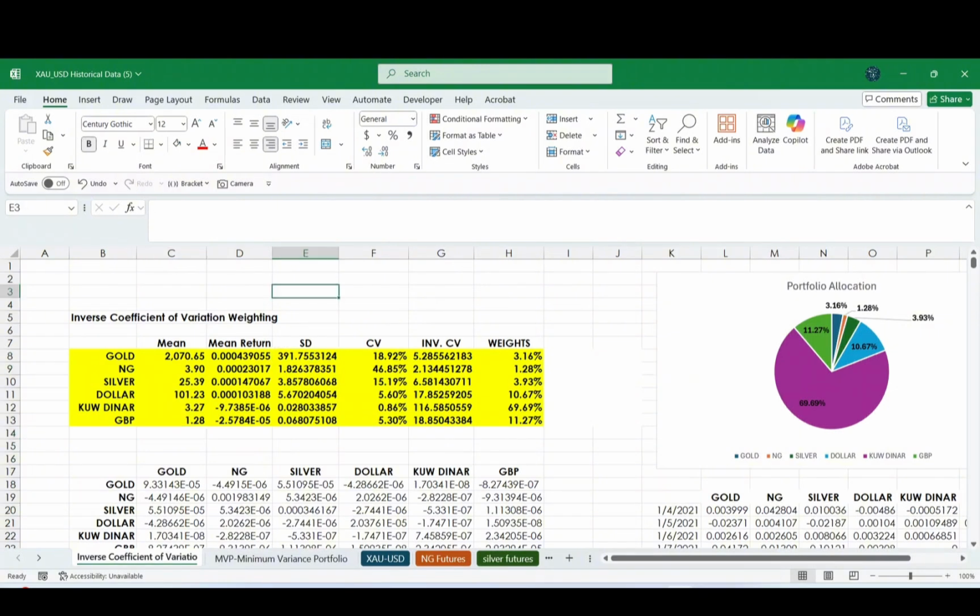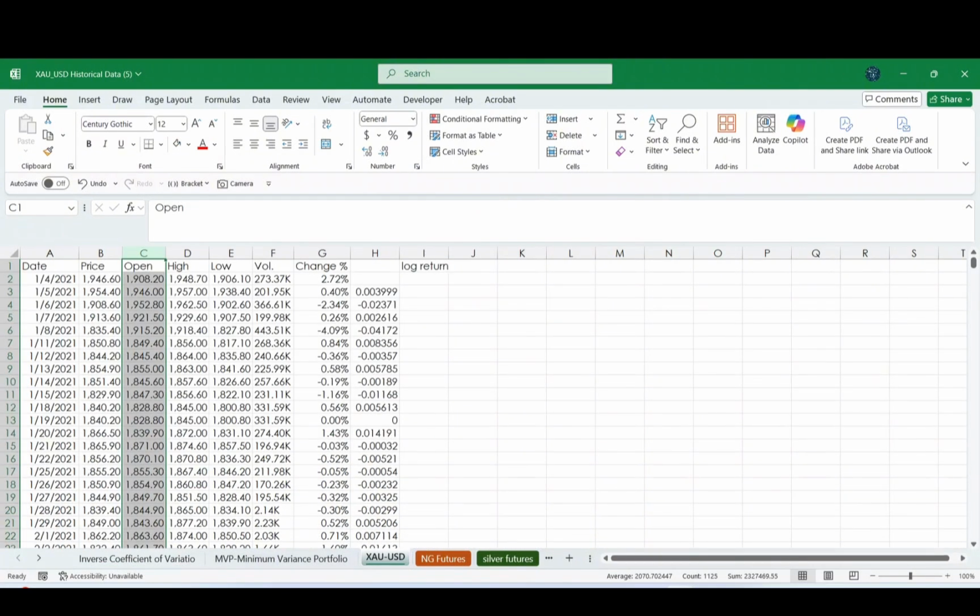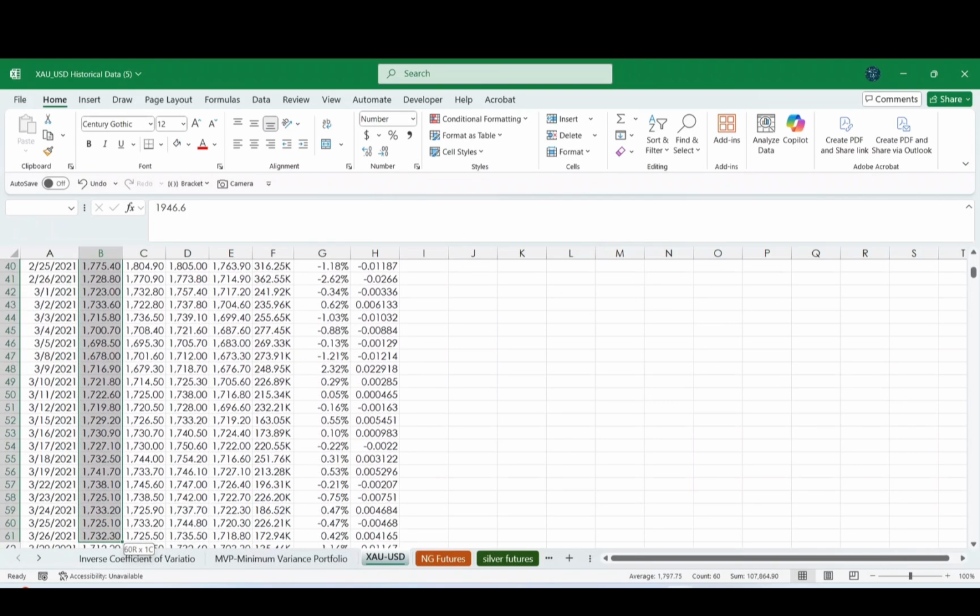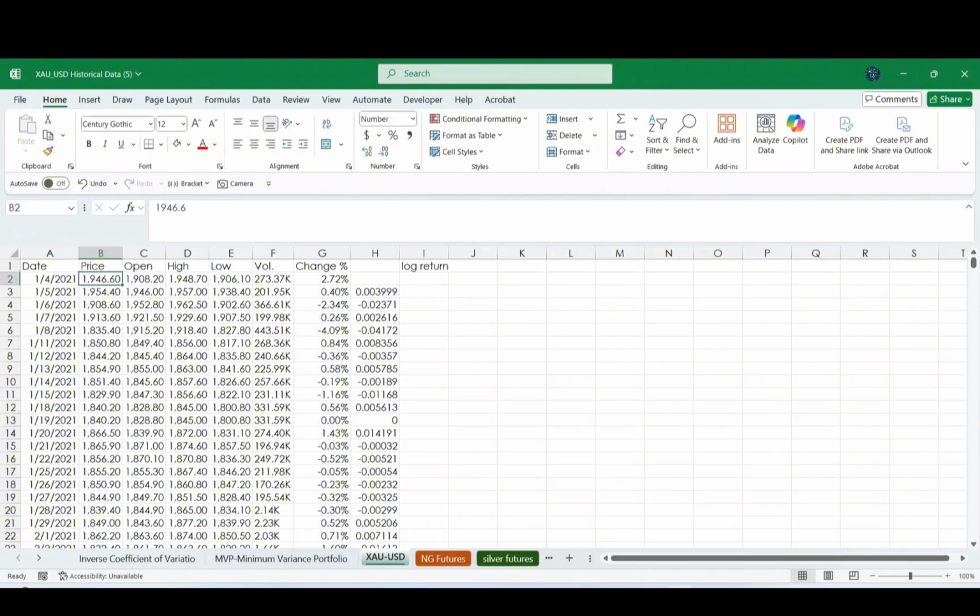Then we have the standard deviation. I'm not going to teach here how to calculate it because we already covered this in previous lessons. But basically, the standard deviation is calculating the mean of the prices, subtracting the mean from each price, squaring that difference, and then finding the square root.